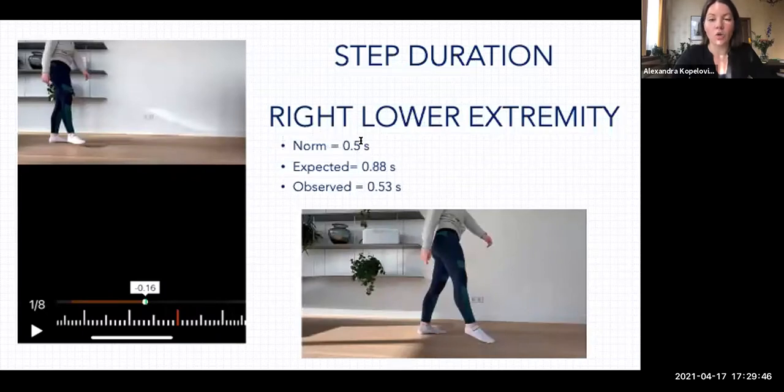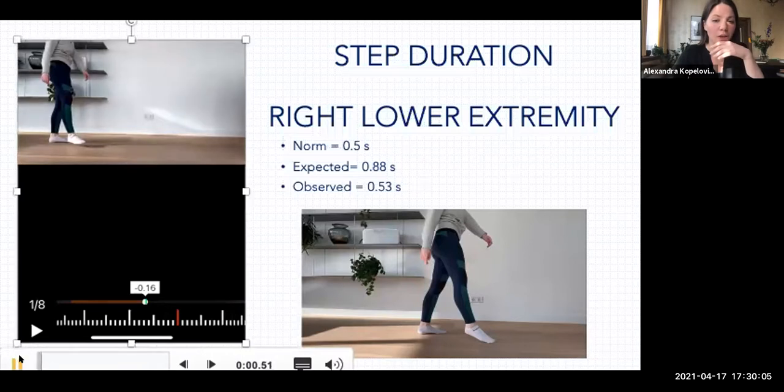Once again, the norm is going to be 0.5 seconds because the entire gait cycle is 1 second. Expected is 0.88 seconds because the gait cycle for our patient is 1.76 seconds. And what we found, the observed value, is 0.60.